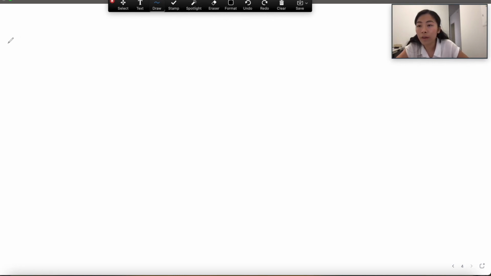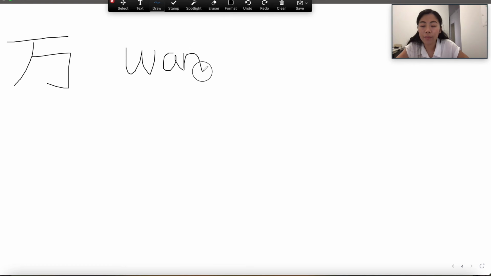Here we'll be moving on to 10,000s. This character is pronounced as 万. If you have trouble pronouncing this tone, you can just use your upper teeth to bite your lower lip and pronounce 万.